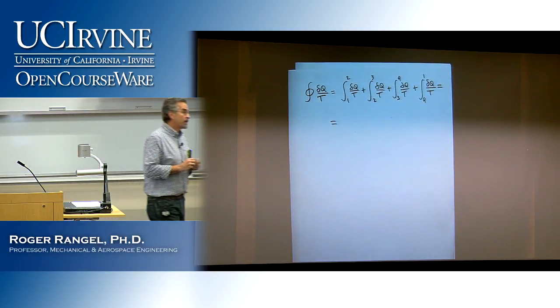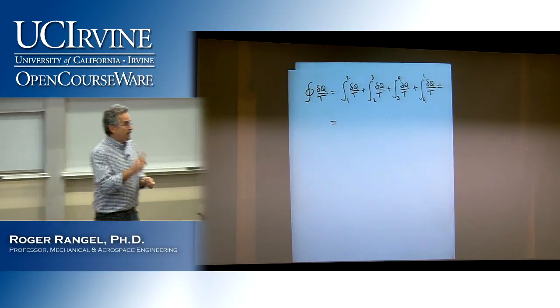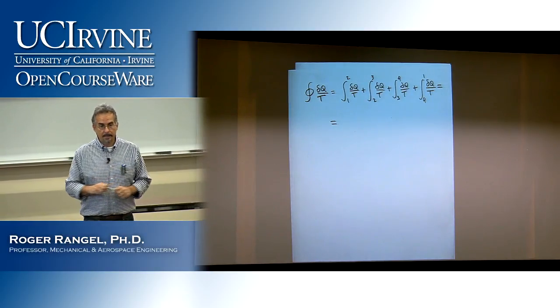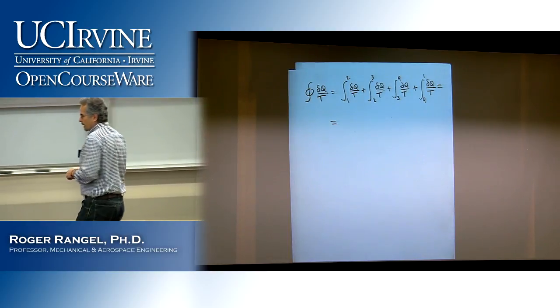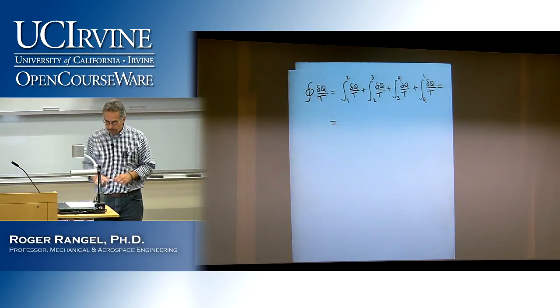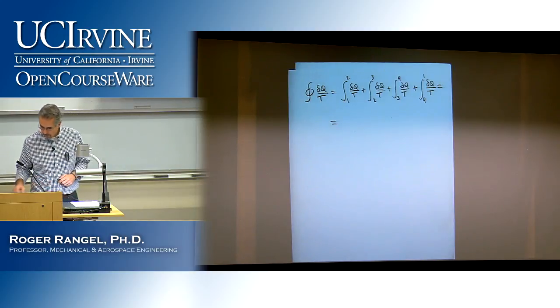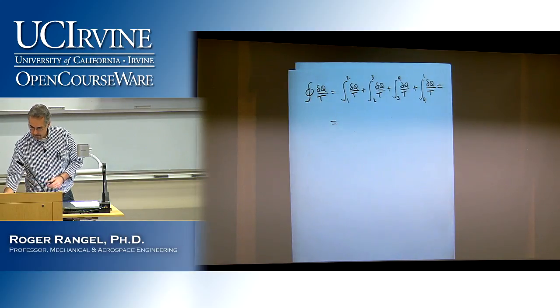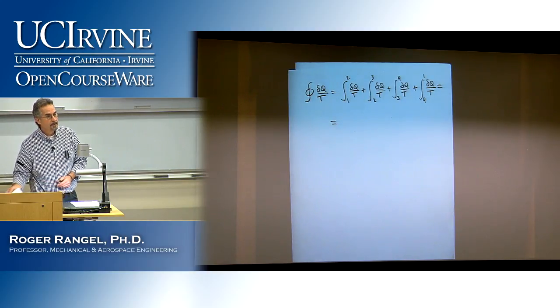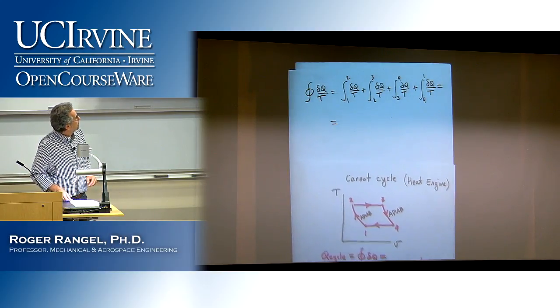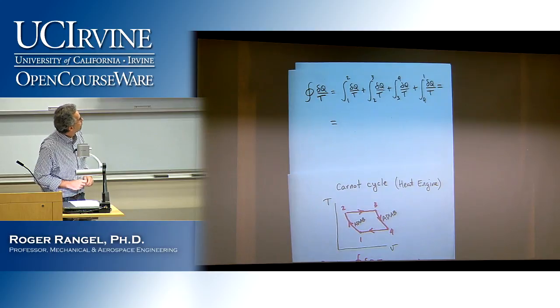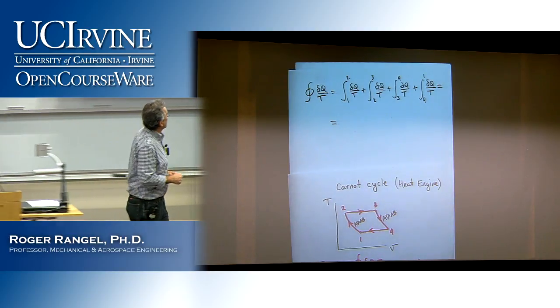Okay, so this is different from the previous one, but there are some similarities, right? Because if I look at the integral from 1 to 2 of delta Q over T, what is that equal to? Here's the cycle again in the TV diagram.